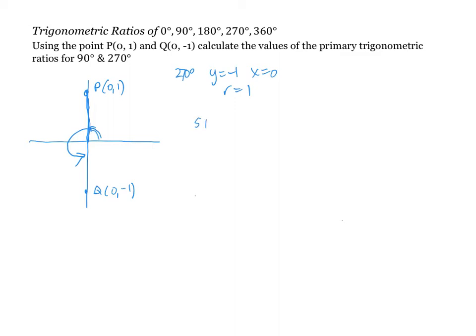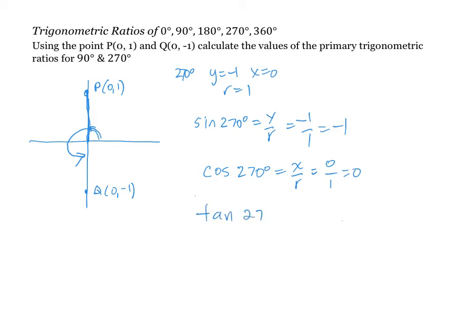So sine of 270 degrees equals y over r, which equals -1 over 1, which is -1. Cosine of 270 degrees equals x over r, which is 0 over 1, which is 0. And tan of 270 degrees equals y over x, which is -1 over 0, which is still undefined.